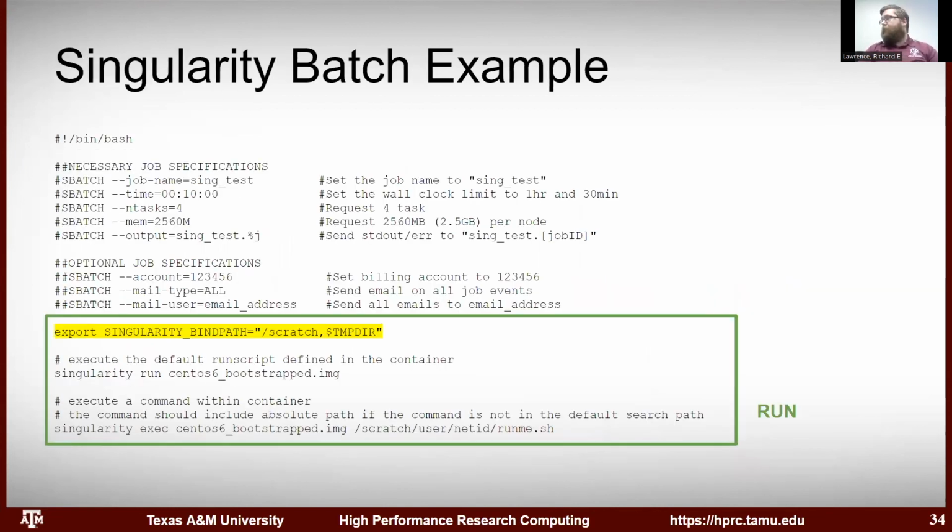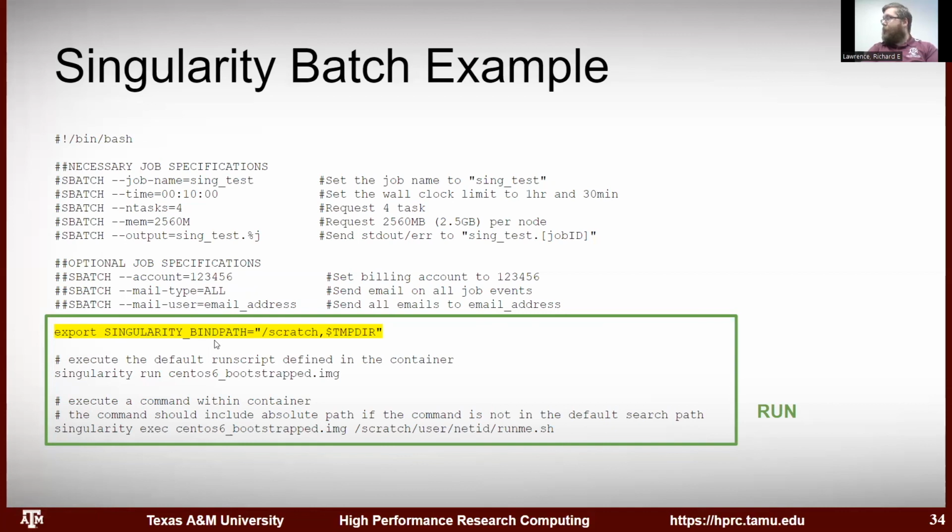Here's an example. We're not going to do this one live, but let me just show you. Suppose you wished to do a task like this one in a batch file. Well, here's how you might do it. You might use the Singularity bind path variant, where instead of putting the argument on one line, we're going to put it over here.